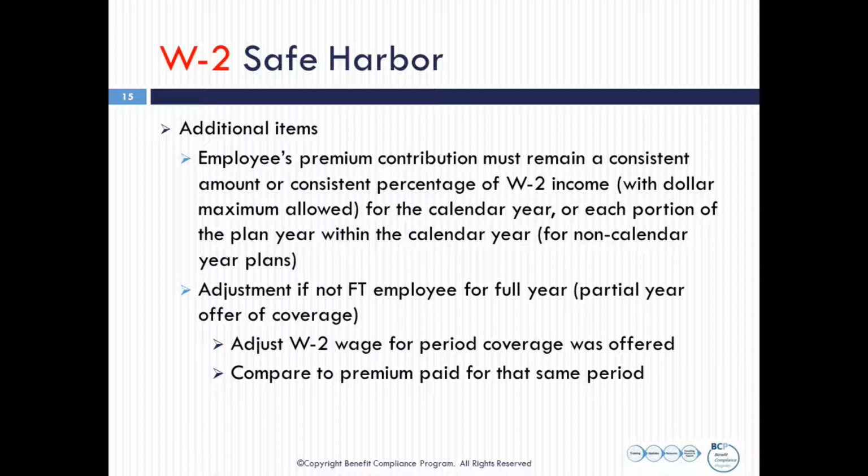Also, you can make an adjustment if you have an employee who is not full-time for the full year. Let's say you have a new hire in July, you have a 30-day wait, they don't come on the plan until 9/1. So you can adjust that W-2 to match the time period that you were actually offering coverage.